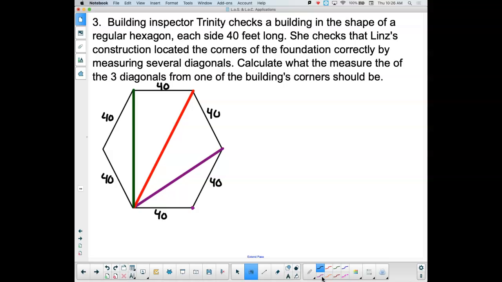So we've got 4 times 180 gets me 720 total degrees at the vertices. How many vertices are there? 6. They're all the same. So each vertex would be 120 degrees.